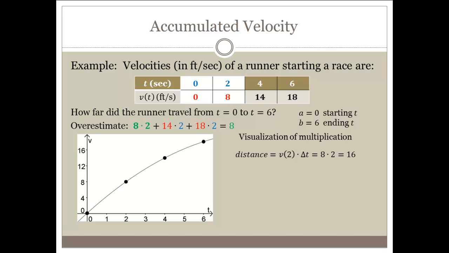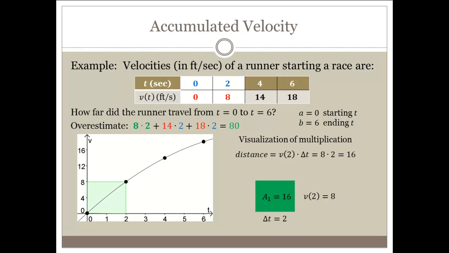We represented this as a rectangle of height 8 and width 2, giving an area of 16, representing the 16 feet traveled. Then we put this on our graph over the time interval from t equals 0 to t equals 2. So this gave us a graphical interpretation of the fact that the runner traveled at most 16 feet in the first 2 seconds.